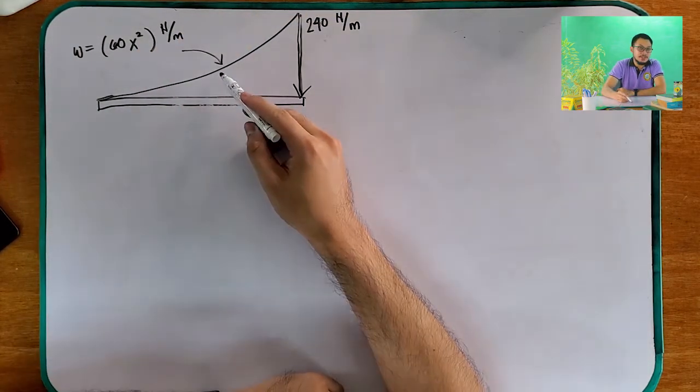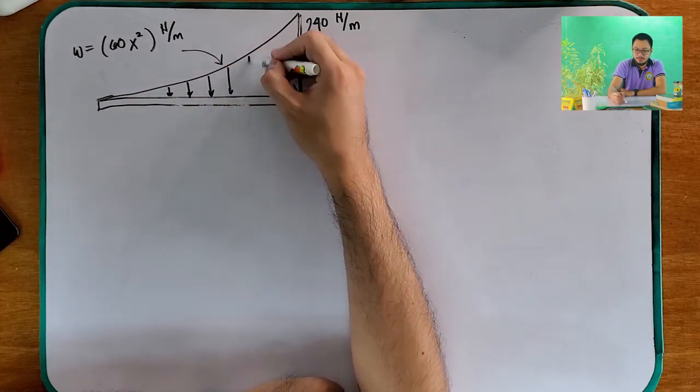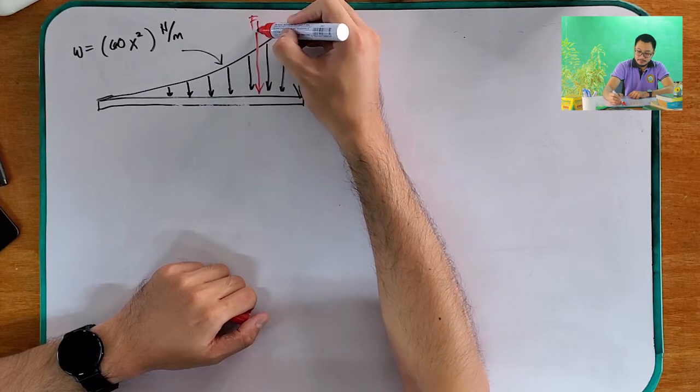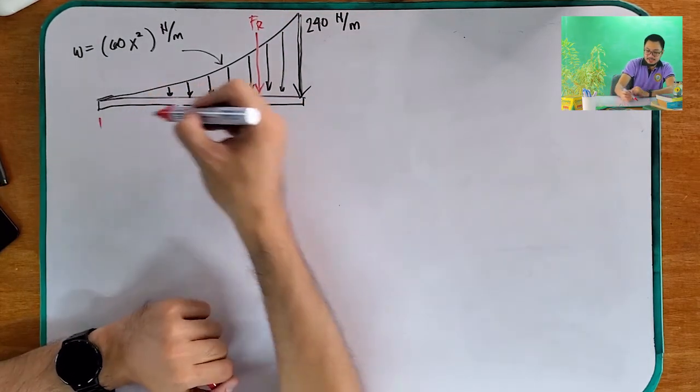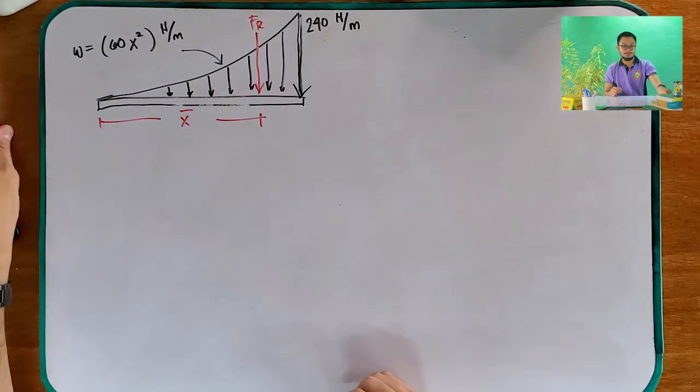So, an equation is given for our distributed load. Now, the question is, determine the magnitude and the location of the equivalent resultant force acting on the shaft. So, we will find the FR and where it is located from this beam.